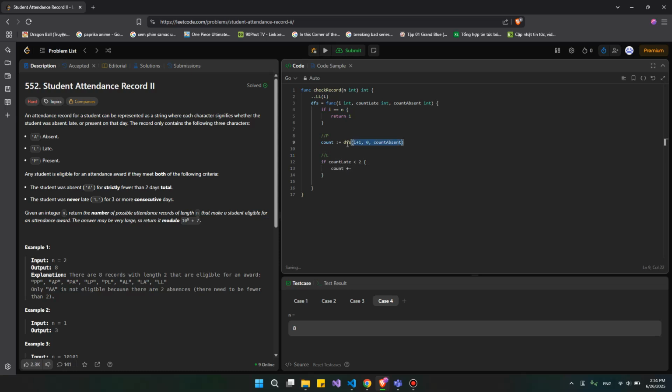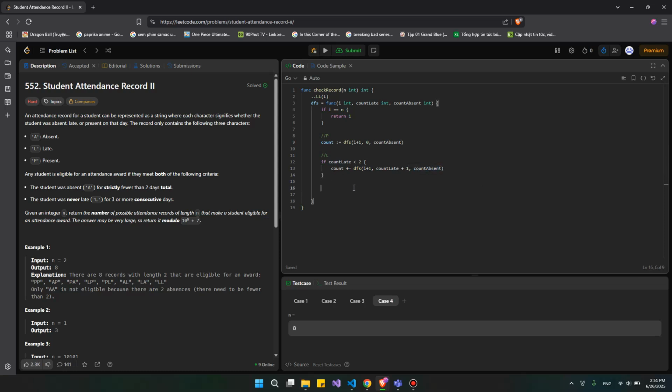The count late is not zero anymore, we have L here, so we will increase it by one, but count absent is the same.